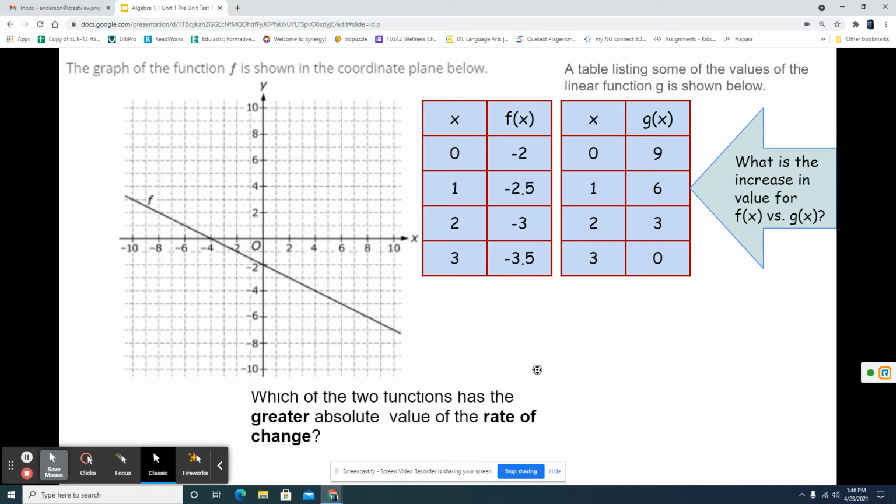What is our pattern? For every 1 x, this is decreasing by a half, or minus 1/2. What about over here? 0 to 1, 1 to 2, 2 to 3, it's changing by 1. But over here, we're going from 9 to 6, 6 to 3, 3 to 0. What is that pattern?